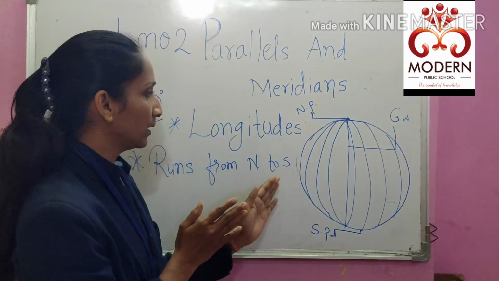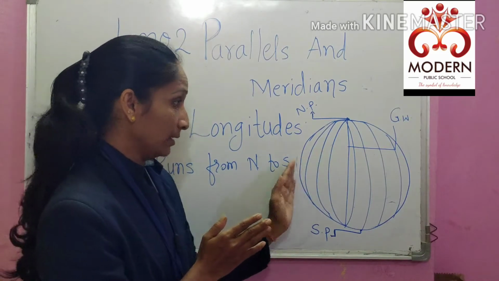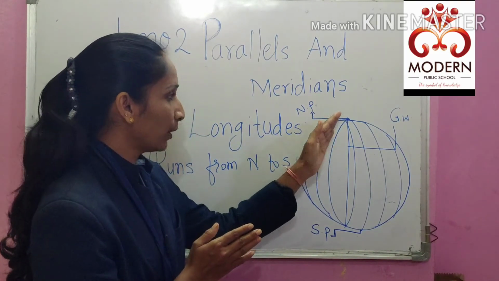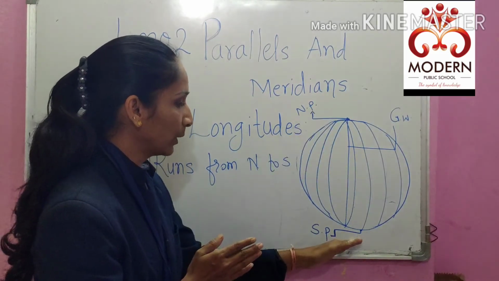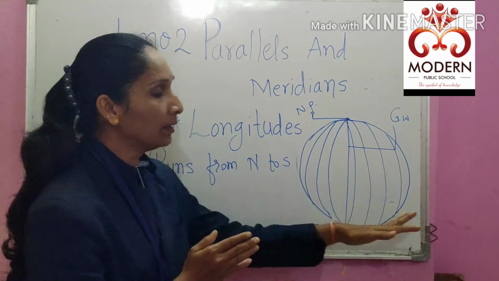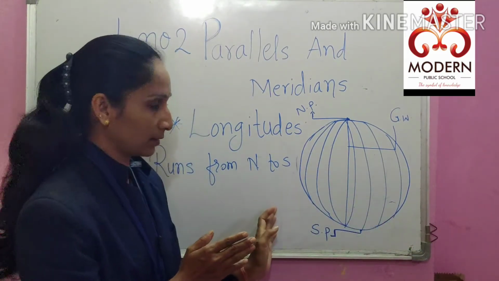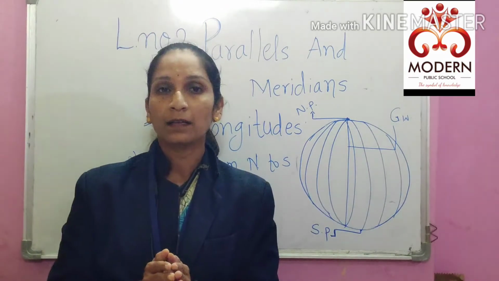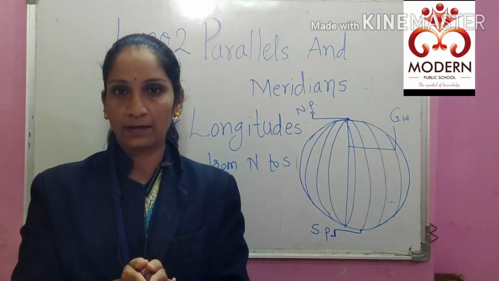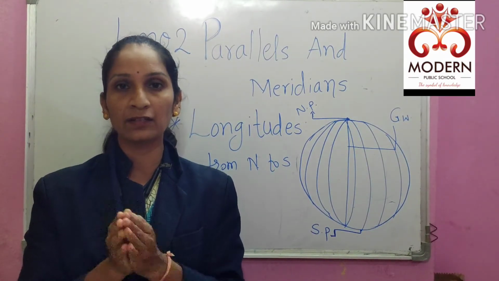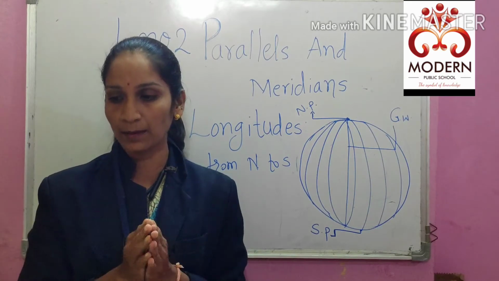These lines run from the North Pole to the South Pole and do not cut each other.